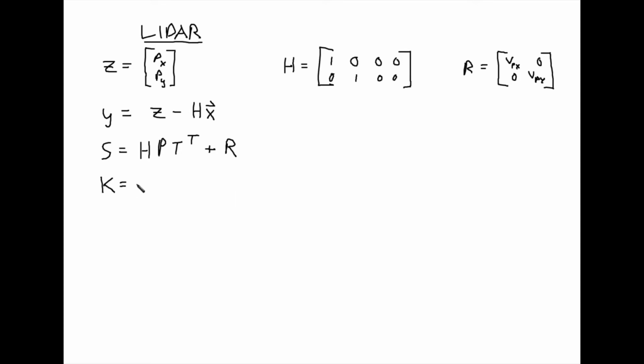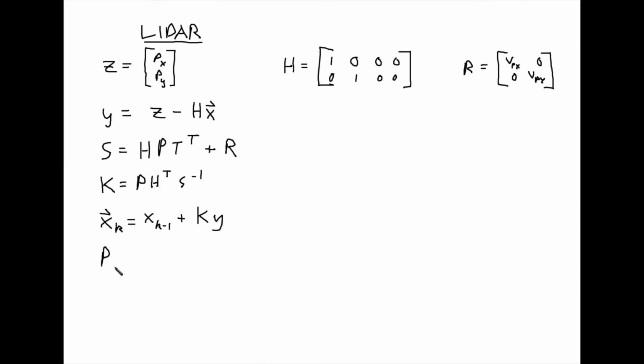That's going to be P times H transpose times S inverse. Once we have these matrices, S and K, then we can do our state update. My x sub k now is going to be my x sub k minus 1 plus that Kalman gain times y, the difference between the measurement and what I would predict that measurement to be.